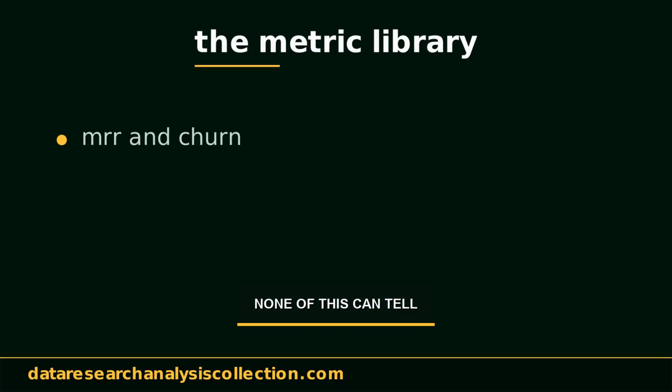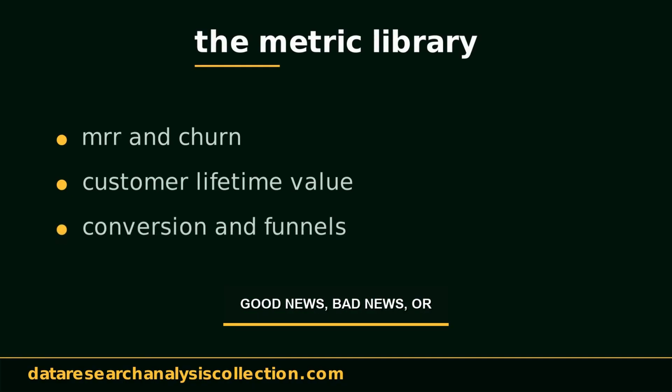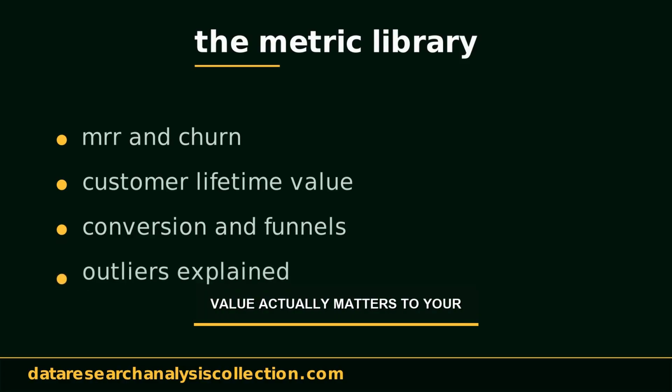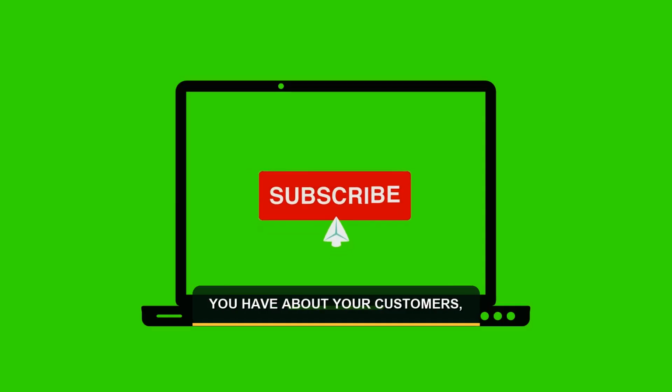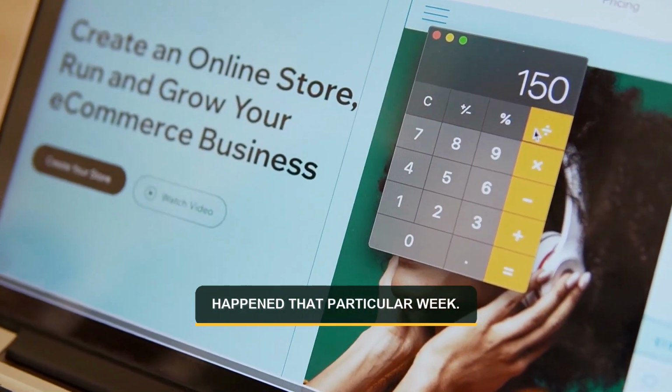Here's the thing none of this can tell you, and it's the part I'd want you to remember most. No method here tells you whether an unusual number is good news, bad news, or just noise. A method only flags a value as far from the pack. Whether that value actually matters to your business is a judgment call, and it's one only you can make, with the context you have about your customers, your product, and what actually happened that particular week.